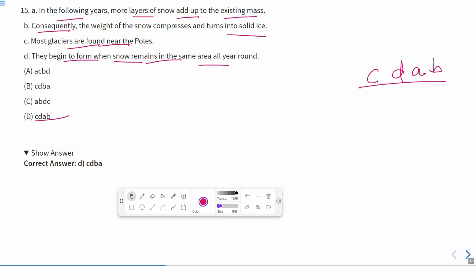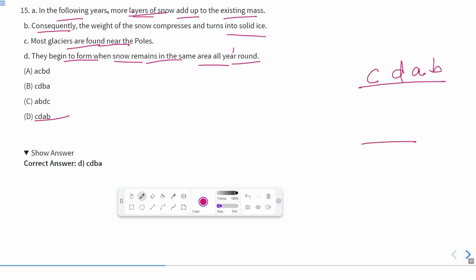Okay, all year around means we have talked about the first year, when the ice is there, or when the snow is there for a long time. Okay, for the whole year. And in the following years, so we have talked about the initial year over here, and in the following years, more layers of snow add up to the existing mass.